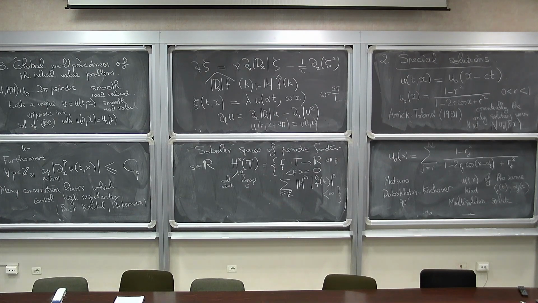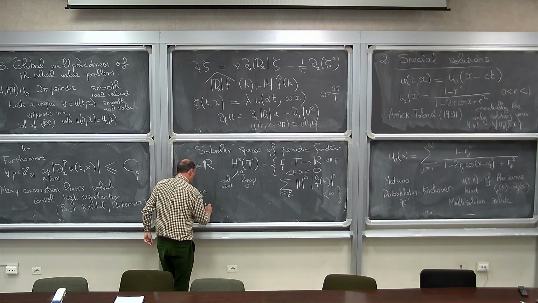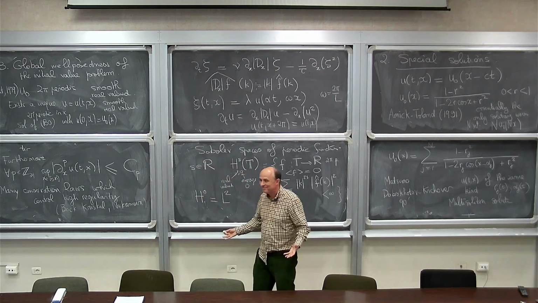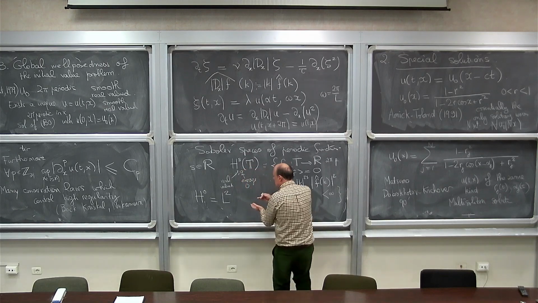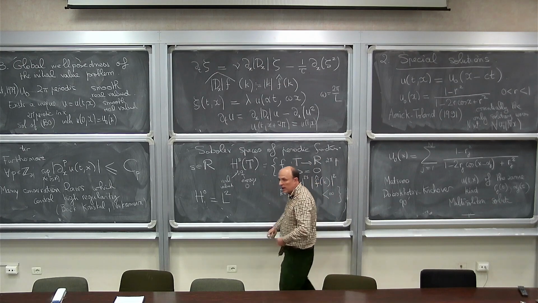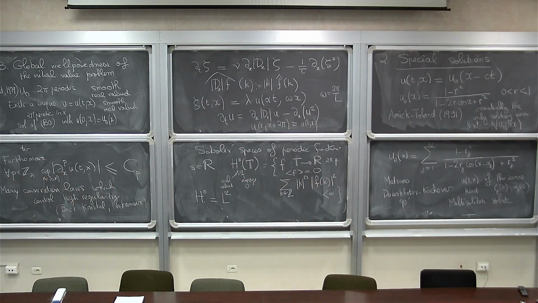For instance, s equals 0: well, H^0 is just the L2 functions, square integrable. If s is bigger, for instance s equals 1, you will have f square integrable and the derivative of f square integrable, so it's more regular.